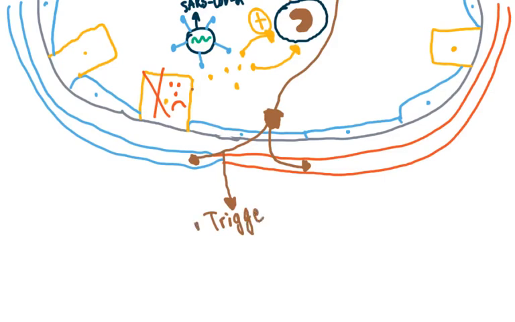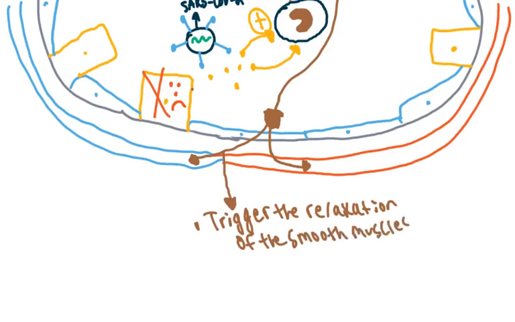So some things these cytokines are going to do, let's make a list: they're going to trigger the relaxation of the smooth muscles of our blood vessels, near our alveolus.